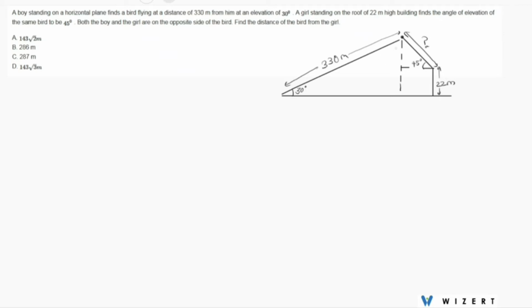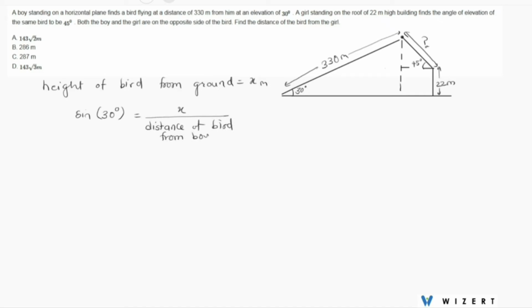So now this is the situation. What we can do is first find this height, that is the height of the bird from the ground. Let the height of the bird from the ground be equal to x meters. Since the elevation of the bird is given as 30 degrees, we can say sine 30 degrees equals the height of the bird from the ground, that is x, divided by the distance of the bird from the boy, that is 330 meters.